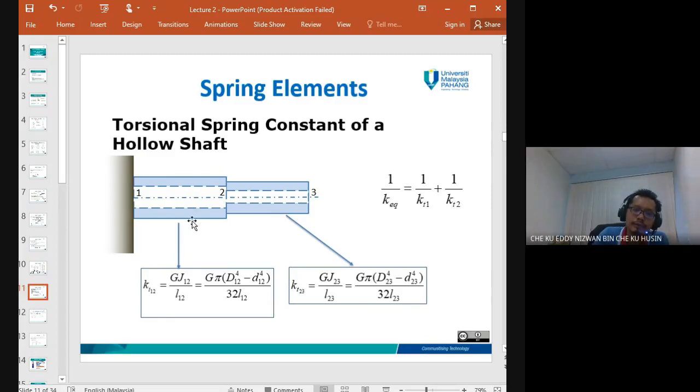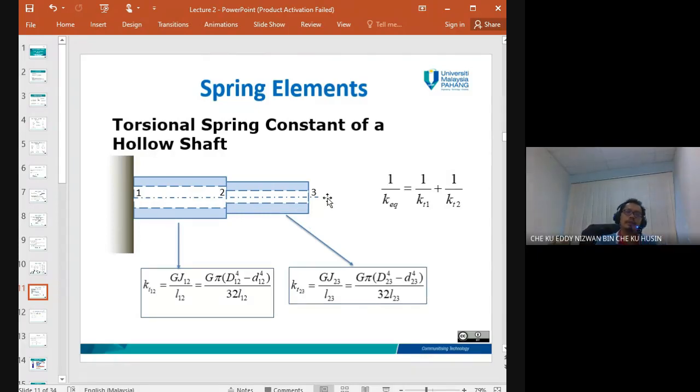So the stiffness for this hollow shaft is not equivalent to this hollow shaft, meaning they have different stiffness between points 1, 2 and 2, 3. So for this case, if the mass is attached at point 3, you have to find the equivalent stiffness. This shaft is in contact with the shaft, so spring in contact with spring and then in contact with the mass.